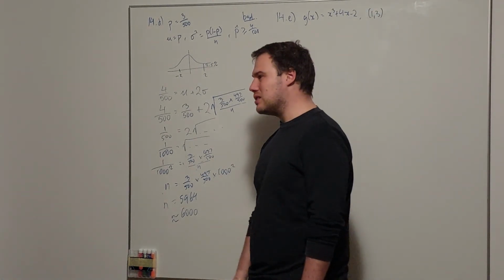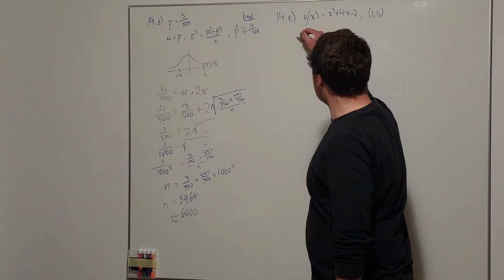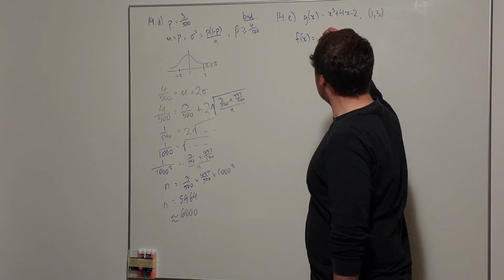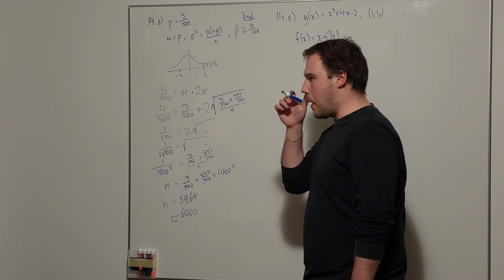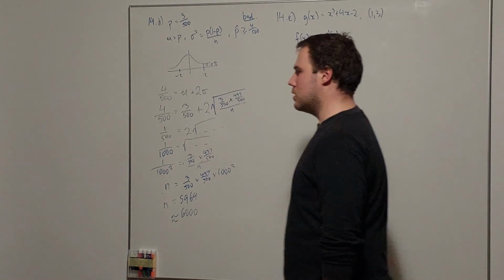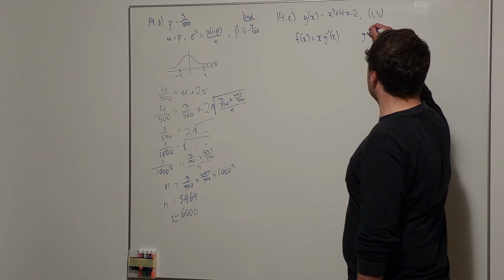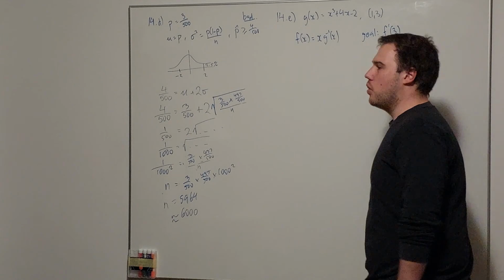Find the gradient of the tangent to f of x, this function, x times inverse of g, at the point where x equals 3. So our goal here is to find f dash of 3.